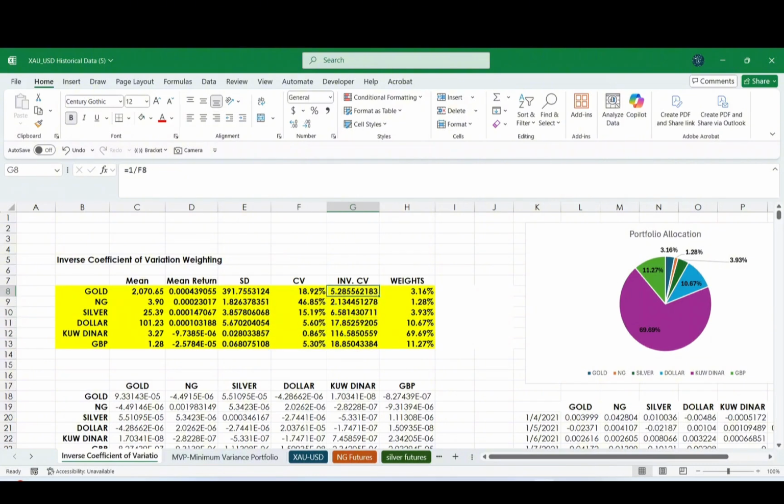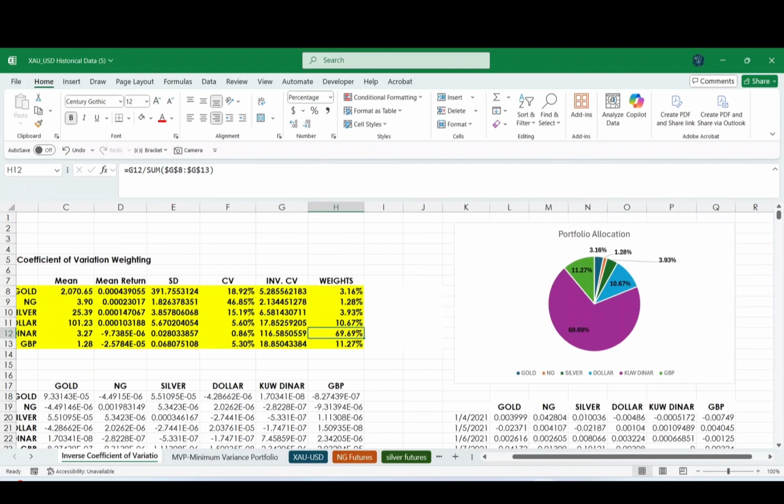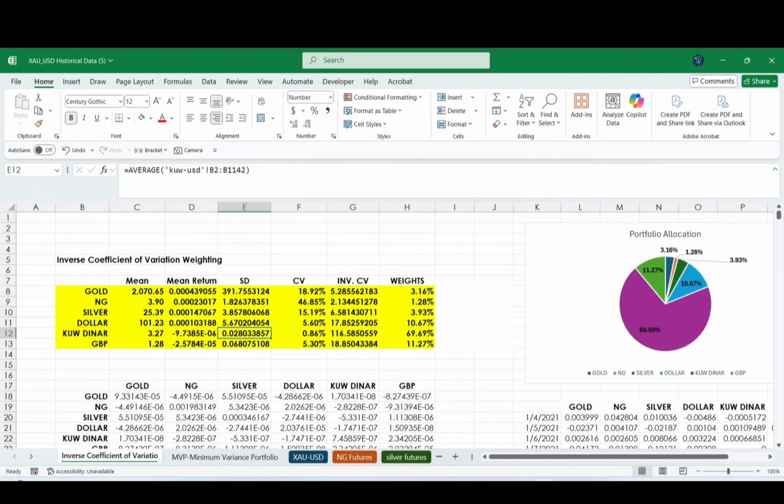So based on that, we calculated the inverse of this coefficient, which is simply this coefficient to the exponent -1, and we distributed the weights accordingly. The weights are shown in the graph to the right. You can see that 69.69% of your allocation should be for the Kuwait dinar.